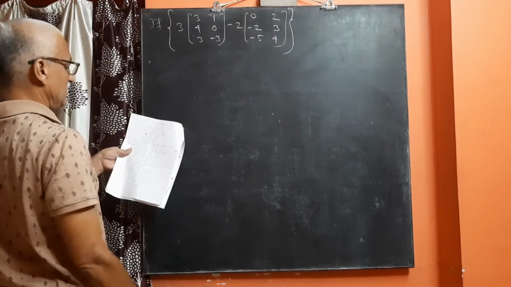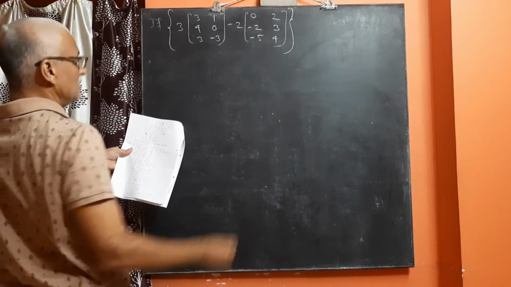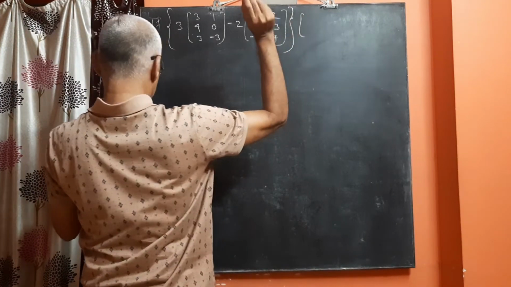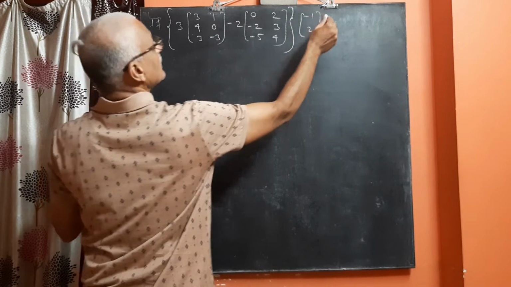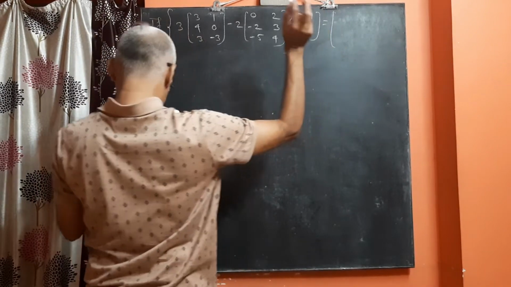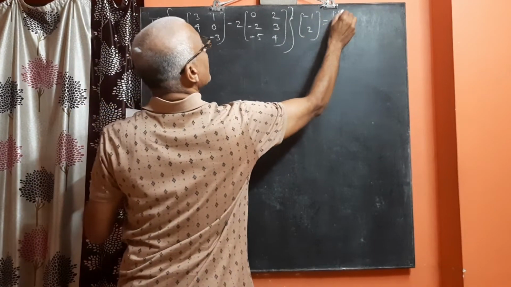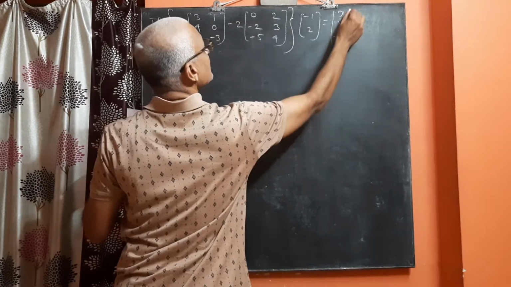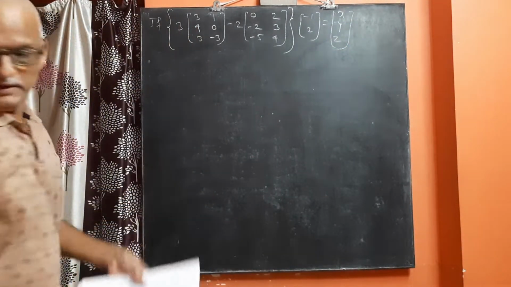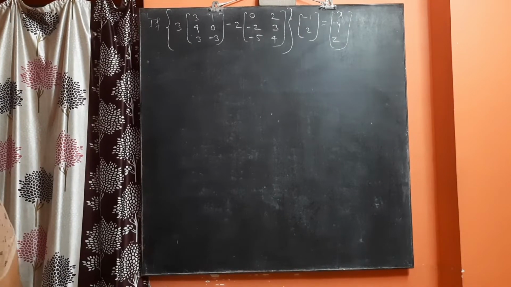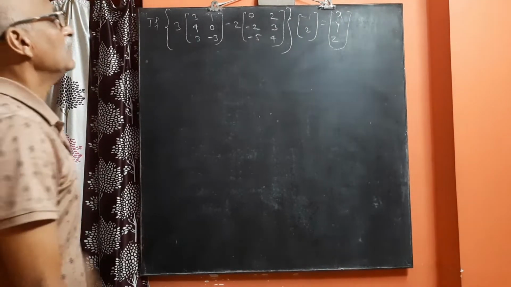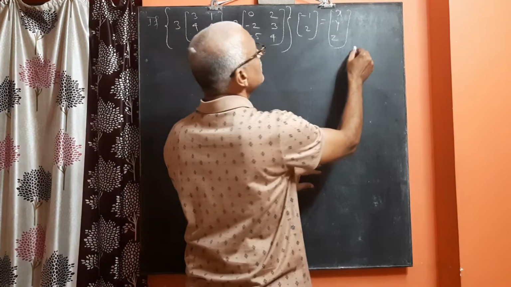The bracket complete, into the column matrix minus 1 2, is equals to, again the column matrix, there is x, y and z. We have to find x, y, z.